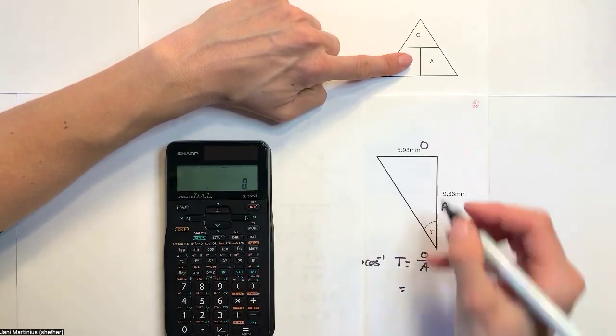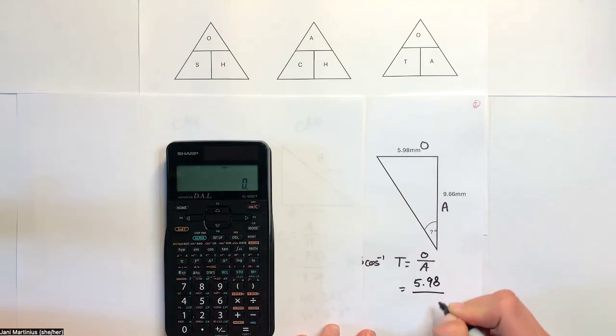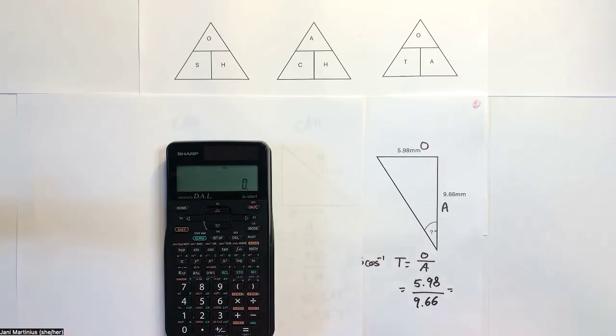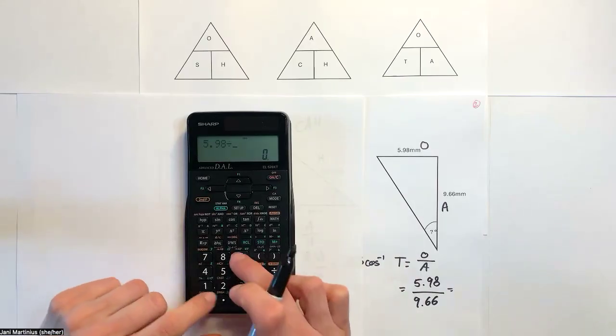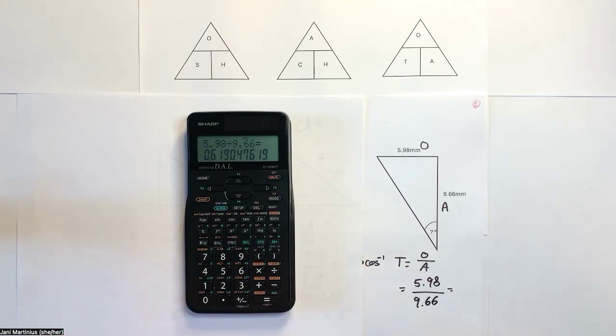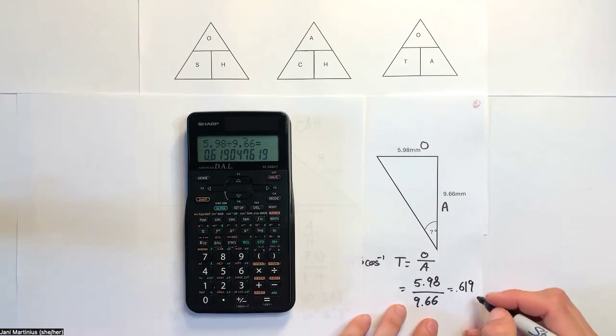Popping in those numbers, 5.98 over 9.66. I'll just write it right here. 5.98, punching it into the calculator, divided by 9.66. 0.619.